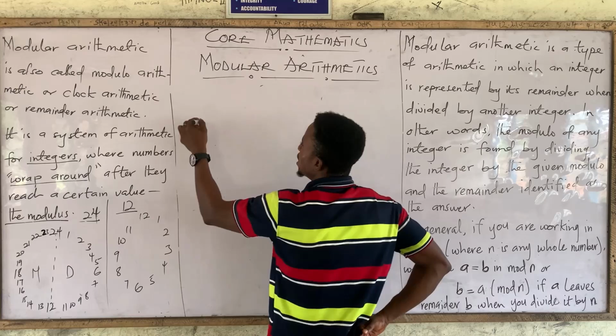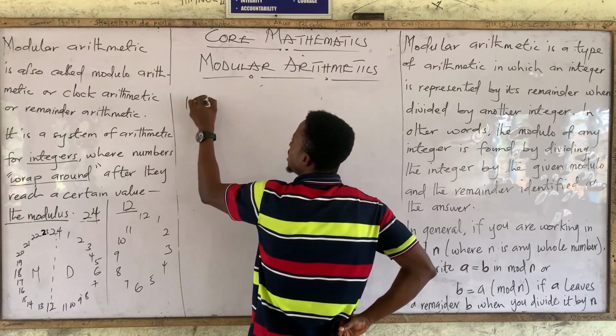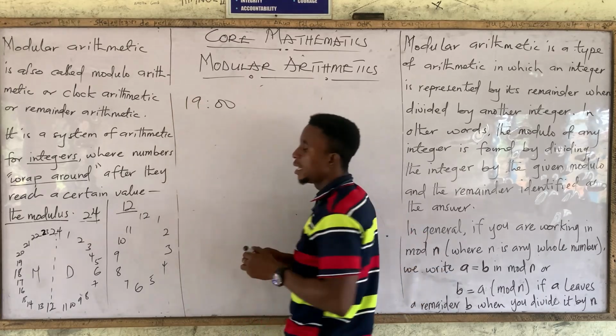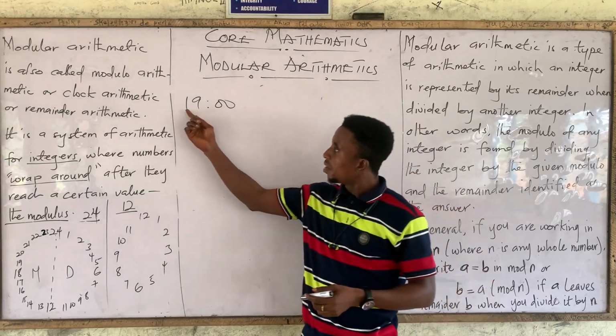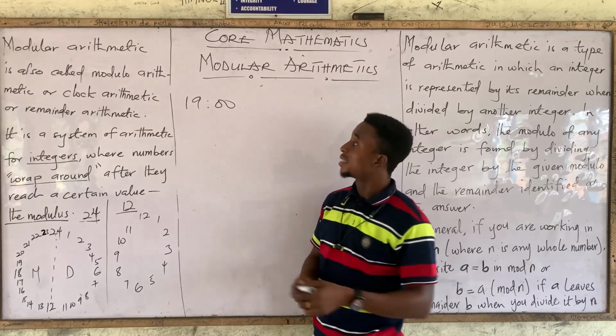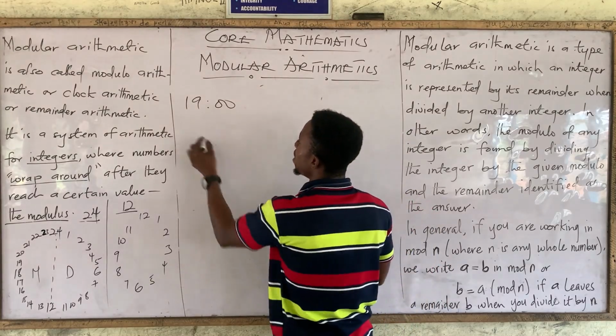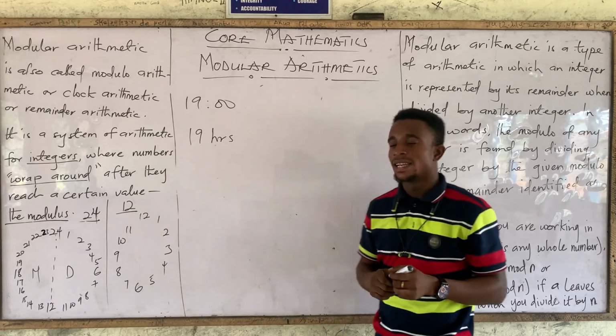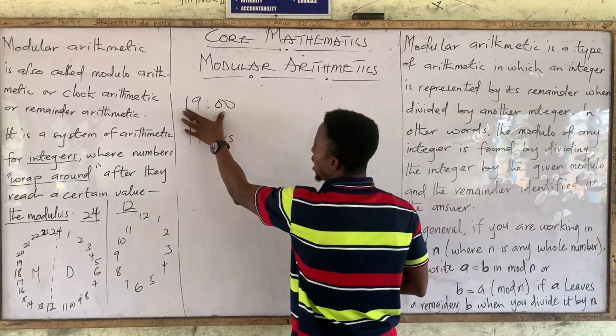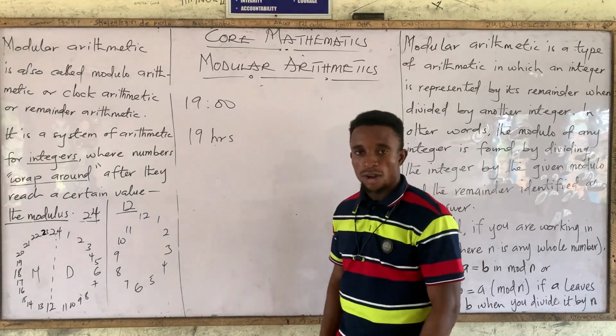Let's imagine I have 19 o'clock. And when we say 19 o'clock, this 19 is in hours. So whenever you are given this, it's the same as 19 hours. Are we getting that? So let's imagine it's 19 o'clock now.